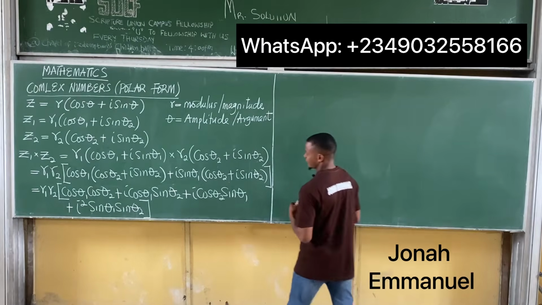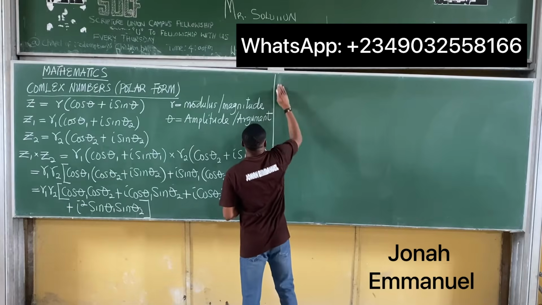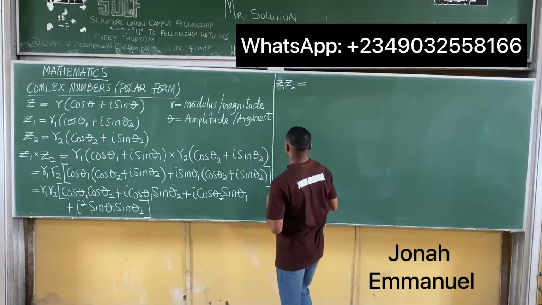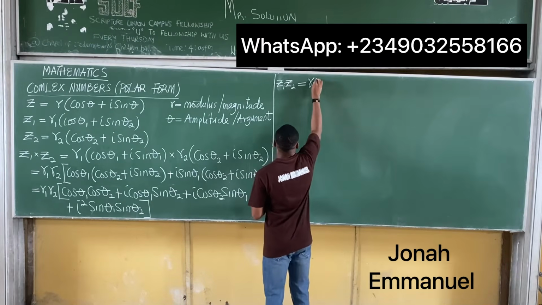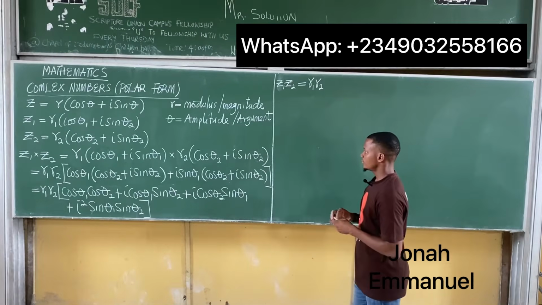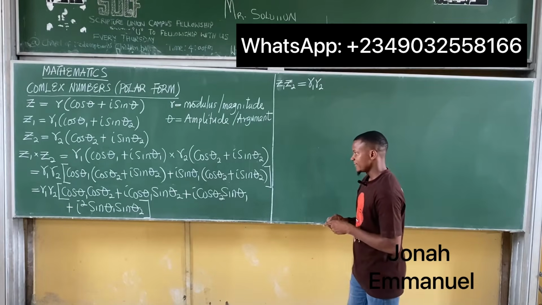So if I try to simplify this, I have Z1 Z2 is equal to, what do I get? R1 R2 into, for the sake of time, I'll simplify everything here. Now what I mean is this.